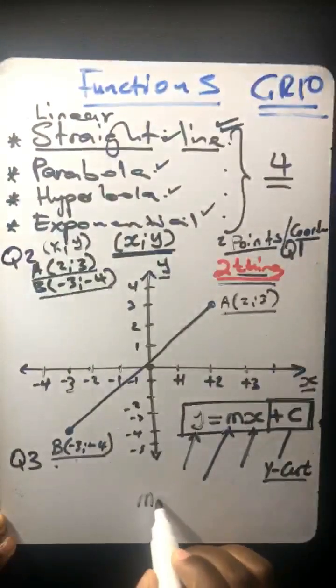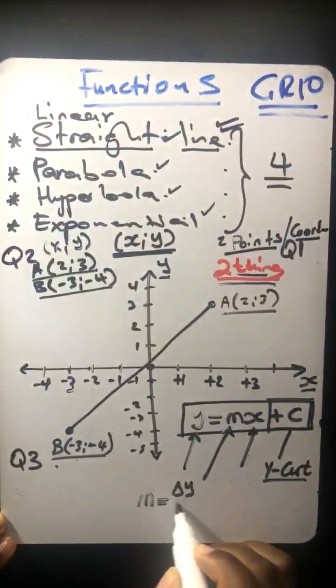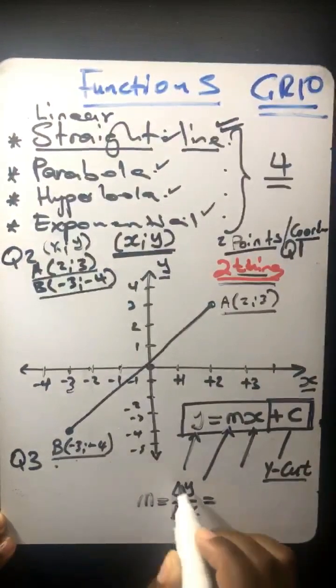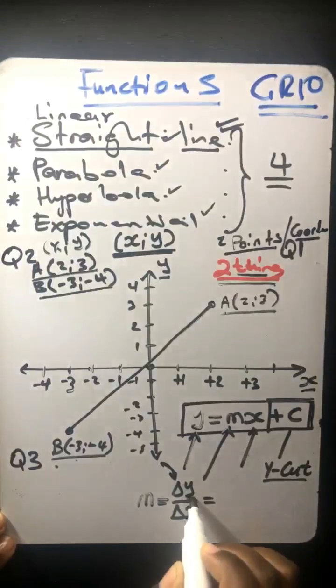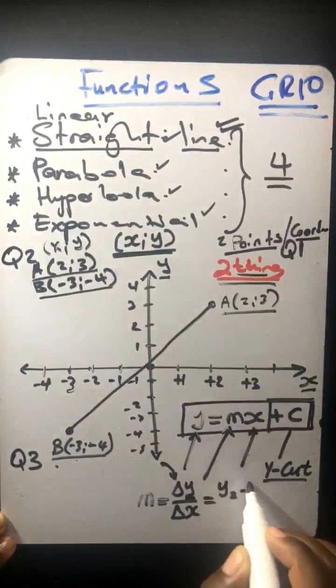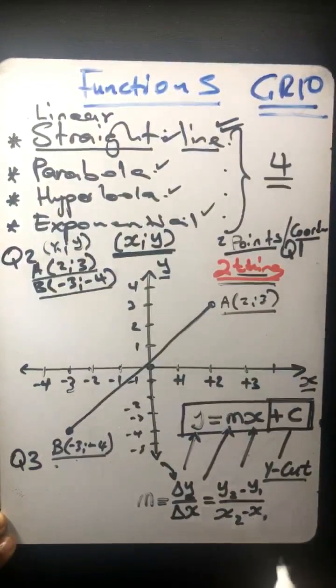And m has a formula, being change in y over change in x. This symbol, change, simply means this 2 minus this 1, which means it's y2 minus y1 over x2 minus x1.